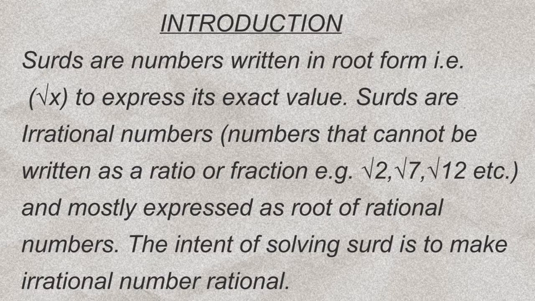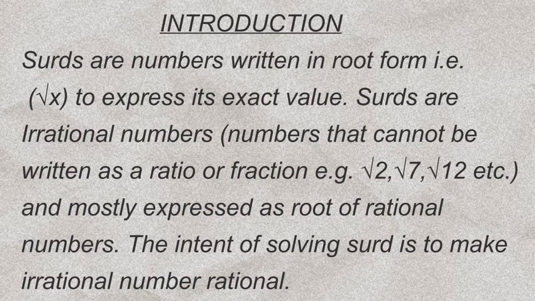Surds are irrational numbers, that is, numbers that cannot be written as a ratio or fraction. For example, you have root 2, root 7, square root of 12, etc. These are all surds, and they are mostly expressed as roots of rational numbers.